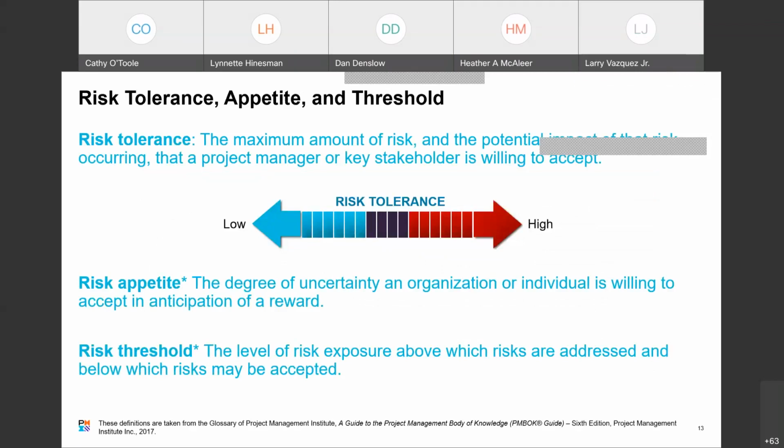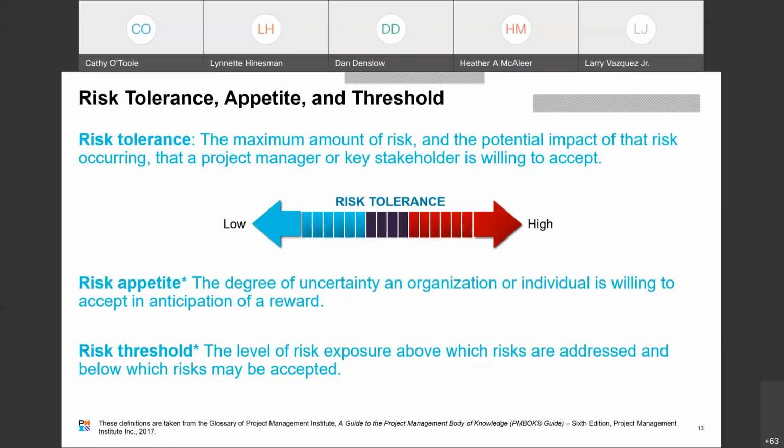Okay, so another couple of definitions we have to pay attention to from PMBOK. Risk tolerance is about the amount of risk and the potential impact of that risk occurring, and the tolerance is acceptable to the project manager or the key stakeholder.